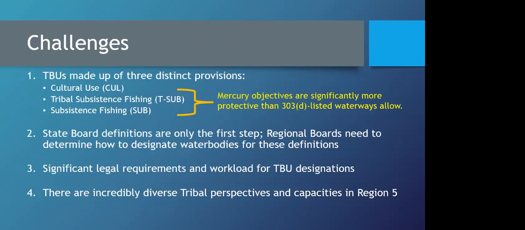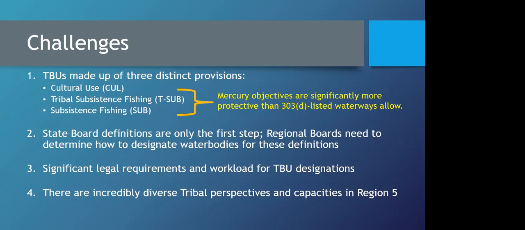There are some challenges that exist, of course, with this process. As Meredith mentioned, and as many of you know, the basin planning amendment process is pretty extensive, requires understanding and research and reading up to make sure that they're aware of the issues as well. So the TBUs are made up of 3 very distinct provisions. We talked about coal and Tsub and Tsub.